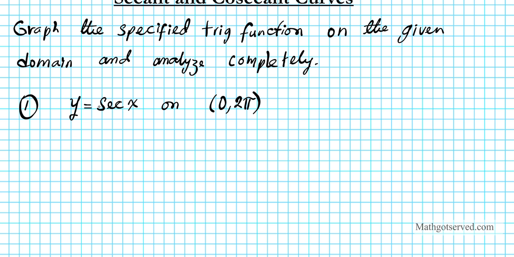So we need to express the secant function as a reciprocal identity, and that will tell us where the asymptotes are at. Okay, so y equals secant x is equal to 1 over sine x. I'm sorry, 1 over cosine x. Okay, 1 over cosine x.